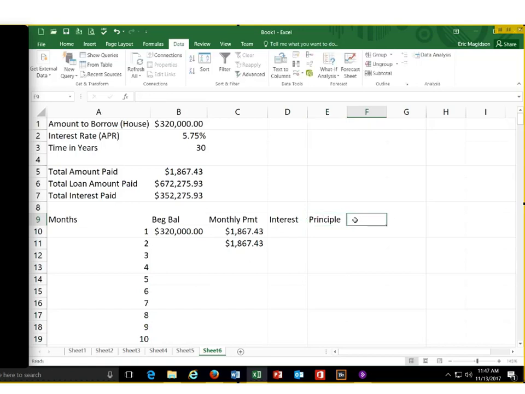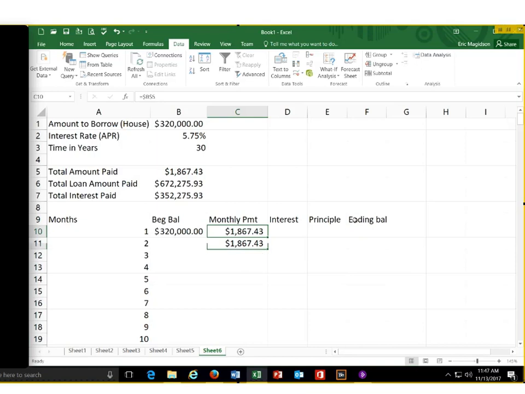Okay. So part of that payment's going to go to interest, part of it's going to go to principal, and then we're going to take the principal minus the beginning balance, and that gives me a what each month? If at the beginning of the month I start with a beginning balance, what is it called at the end? We're going to have an ending balance.